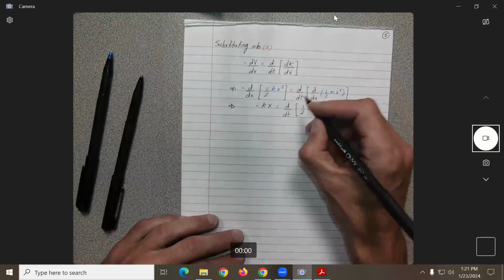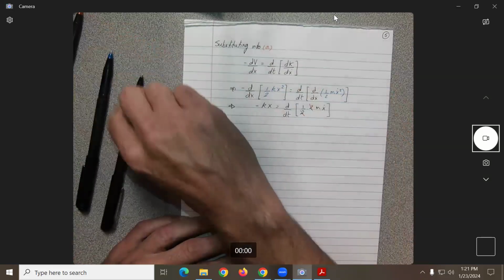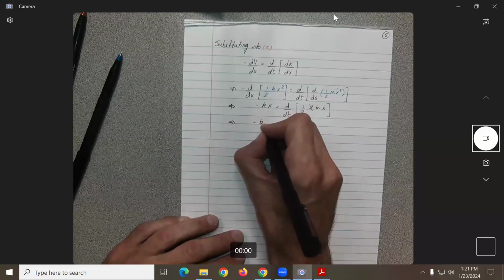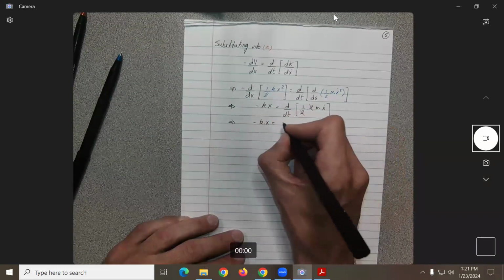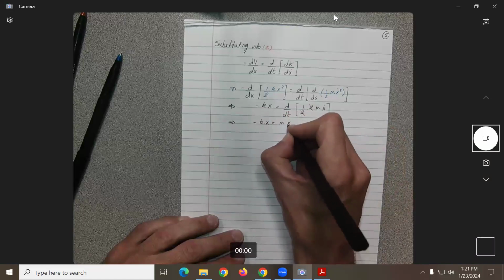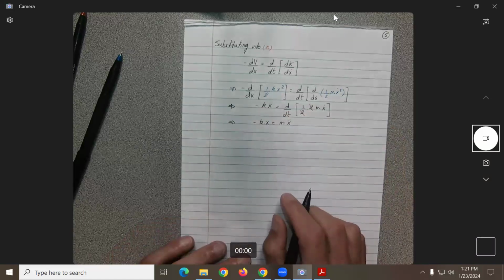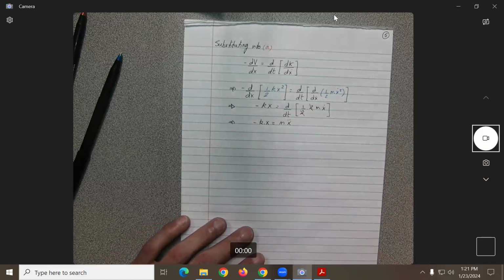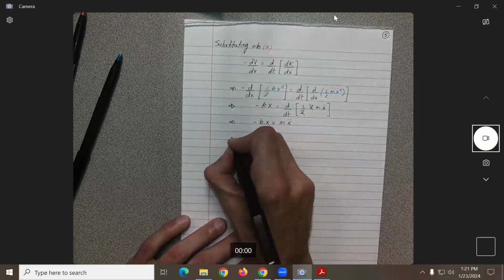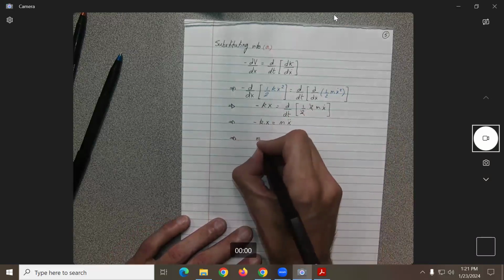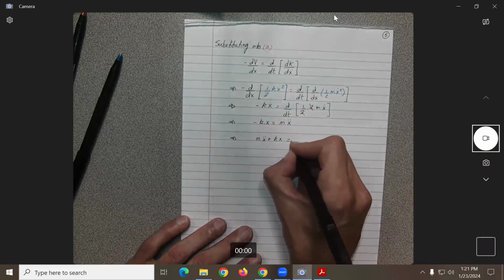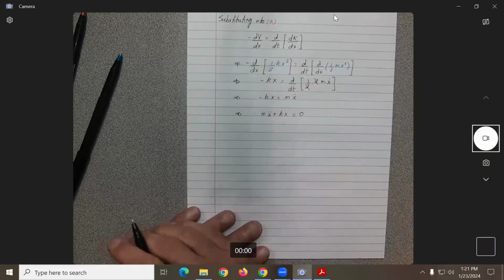So these two will cancel. So what do we get? Minus kx will be equal to what? m x double dot. So this will give you m x double dot plus kx equal to 0.